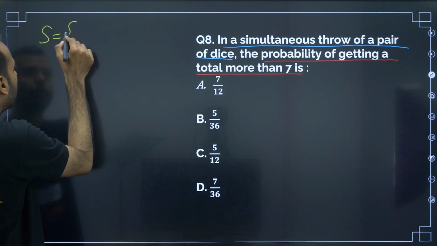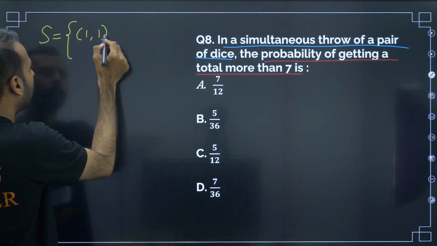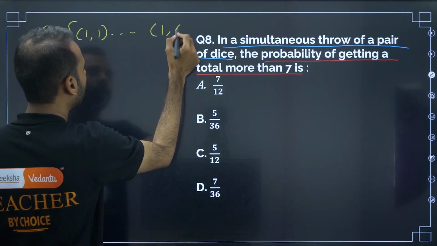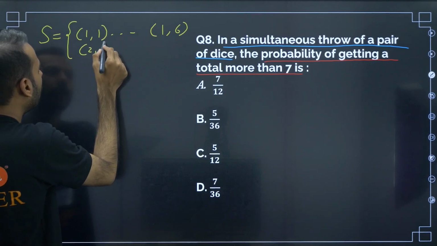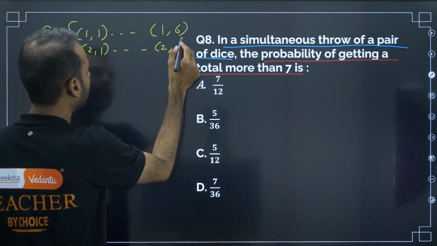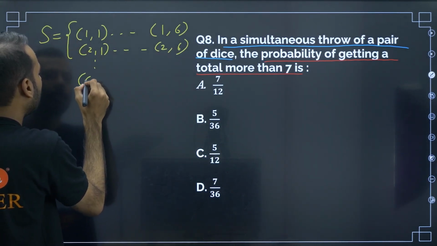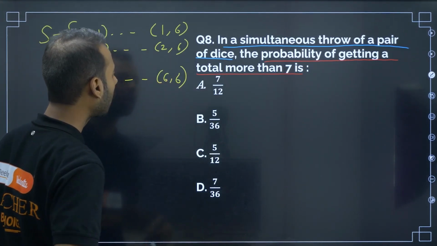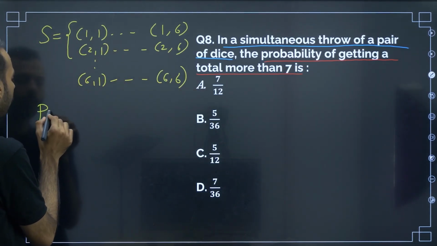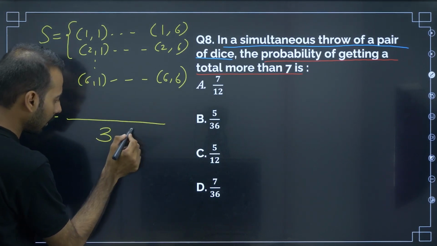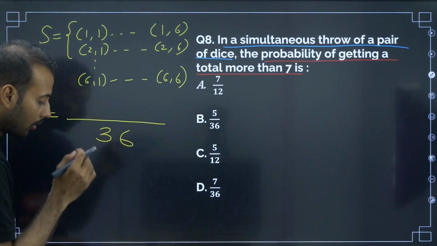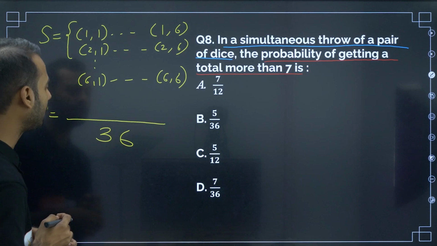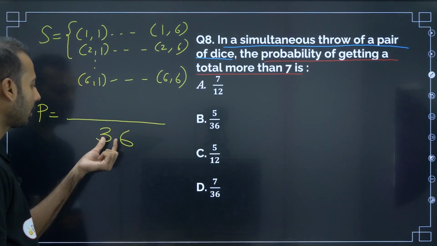If 2 dice are thrown, everybody should know this: 1 1 up to 1 6, 2 1 up to 2 6, and in the same way 6 1 up to 6 6. Total outcomes is 36.